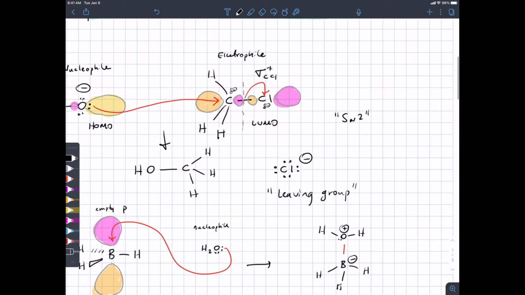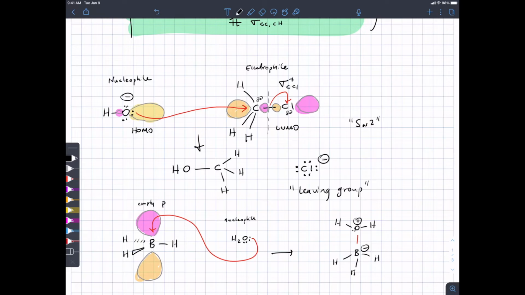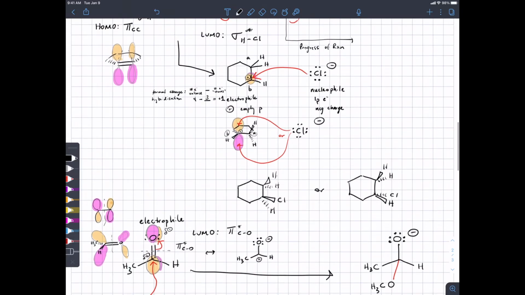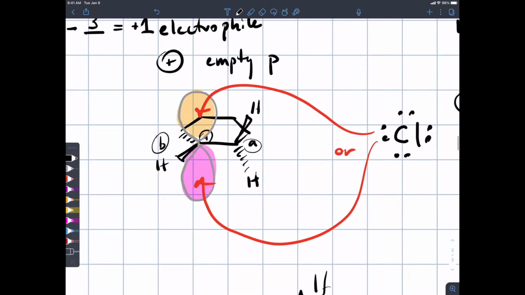I've definitely asked multiple choice questions where which of the following options is the LUMO of this molecule, and I show you a bunch of orbitals and you have to pick. So drawing them and recognizing them is an important skill. So to answer your question, why is it important to draw the orbitals? In this case, it may not look like it is, though drawing the orbital in this problem helped us see that the chlorine could attack from above or below.